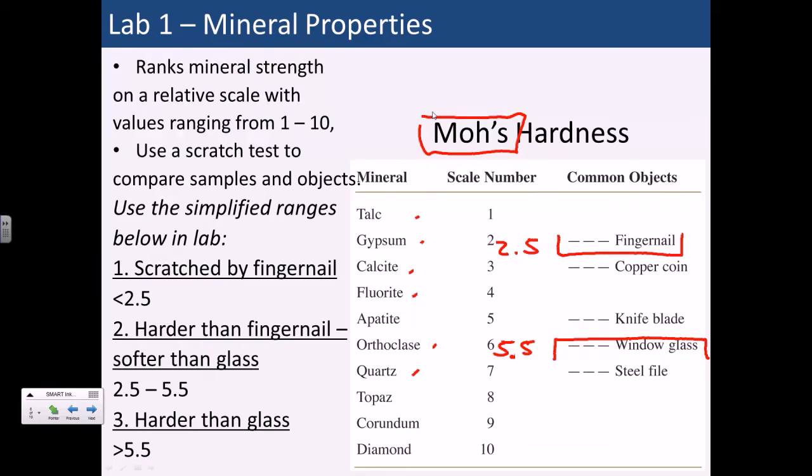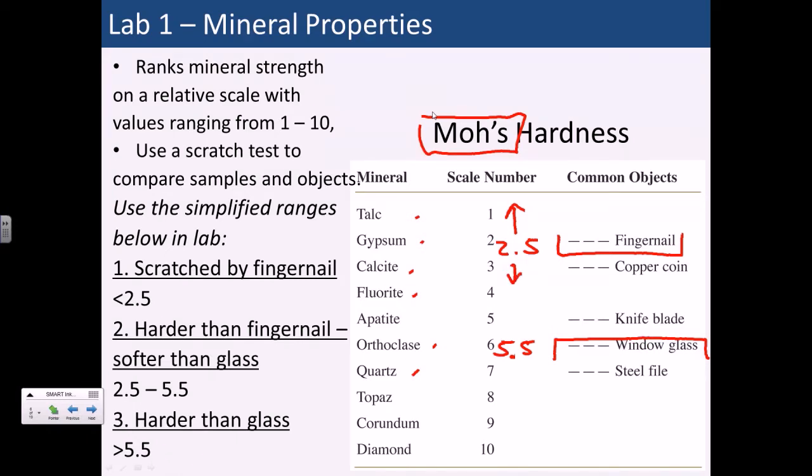So what this means is if you scratch the mineral with your fingernail and it scratches, then the mineral is softer than 2.5. Now, if you don't scratch the mineral with your fingernail, it means it's harder than your fingernail, and you need to go to another test.